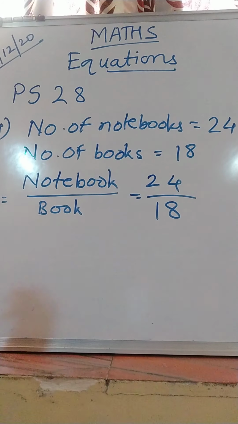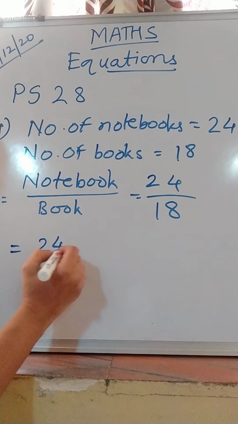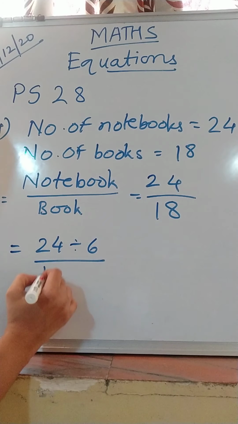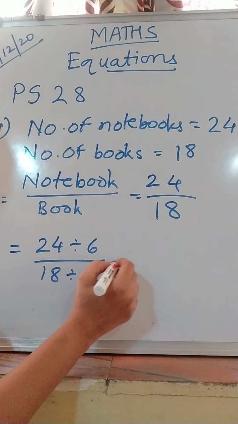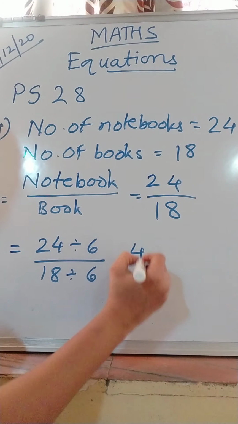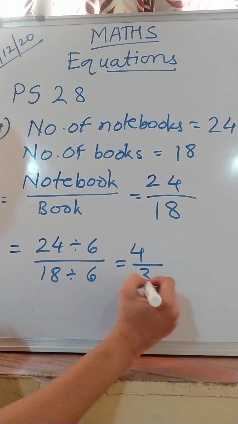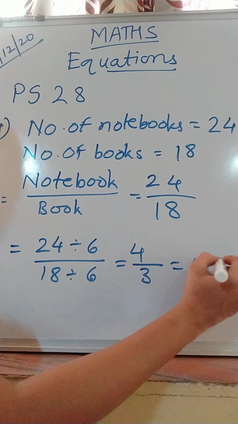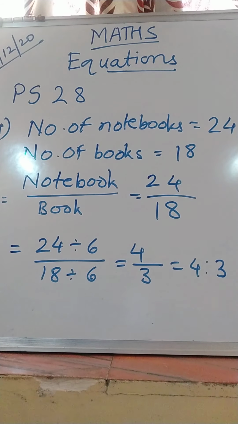Right? Now 24 and 18 come in one table. That table is 6. So 24 divided by 6 and 18 divided by 6. 6 4s are 24 and 6 3s are 18. So your ratio is 4:3.